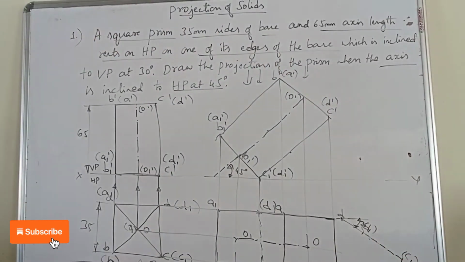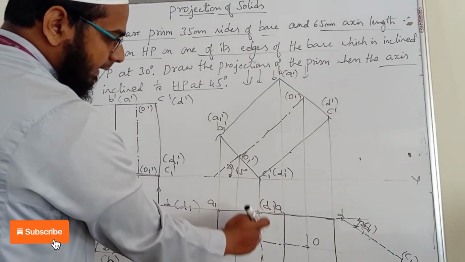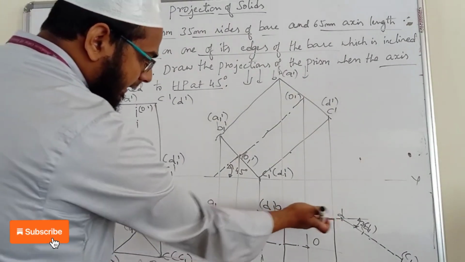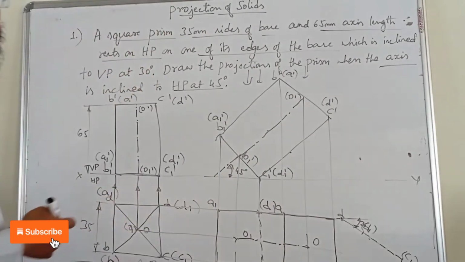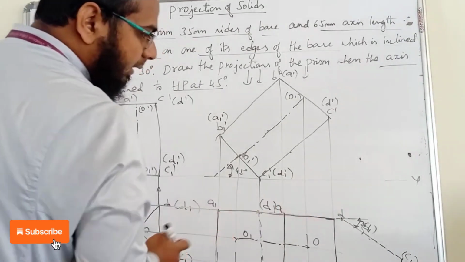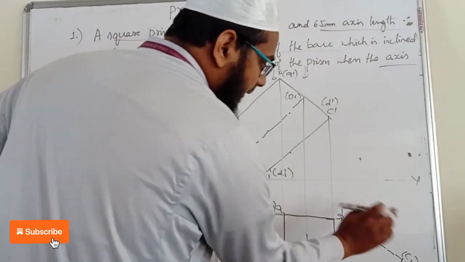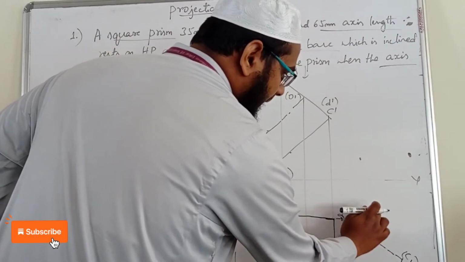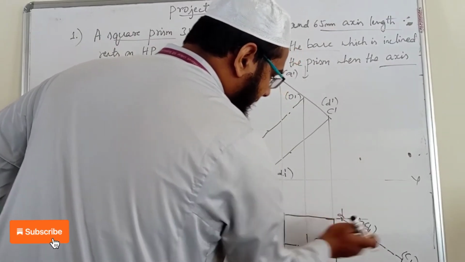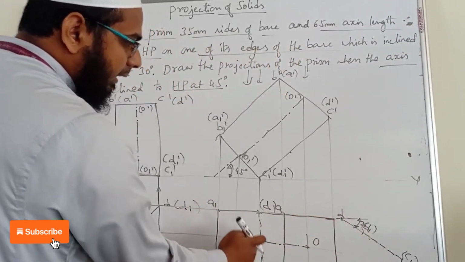Now we can see in this question, these two lines are exactly perpendicular to this D1 C1 line, right? So what we do here, take the protractor and mark 90 degrees on both sides, because these lines are exactly perpendicular to this.